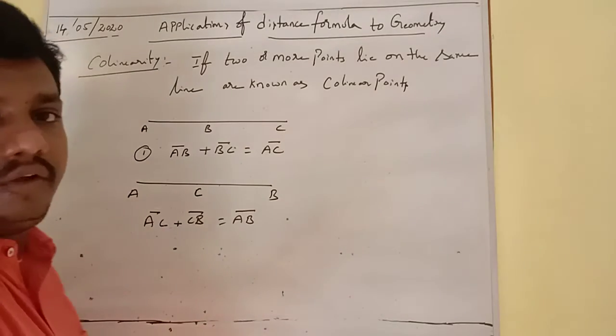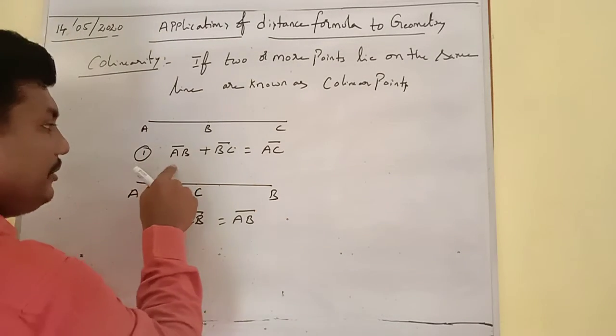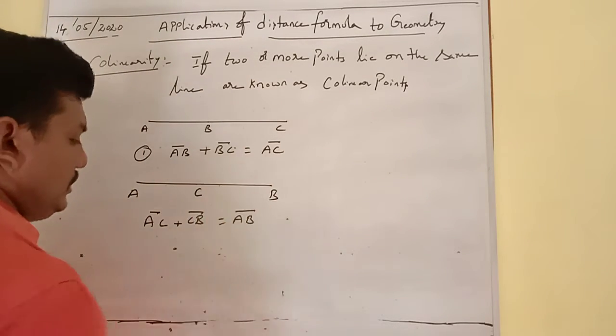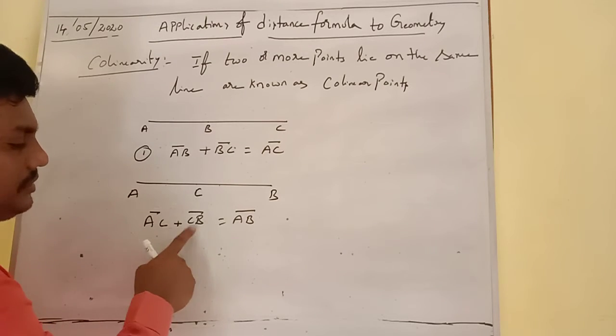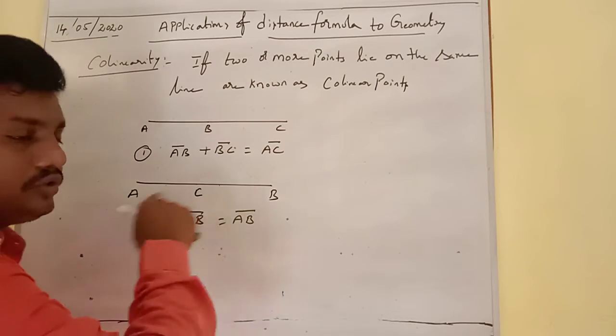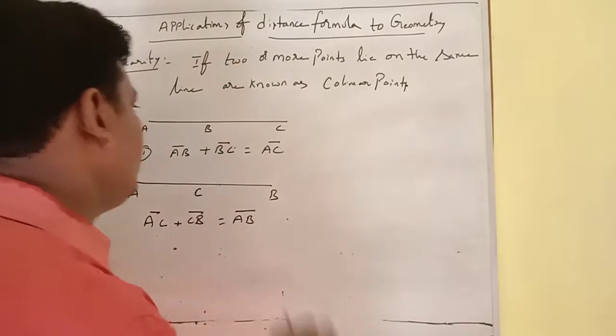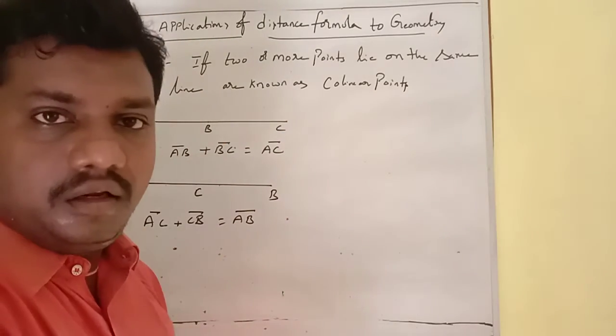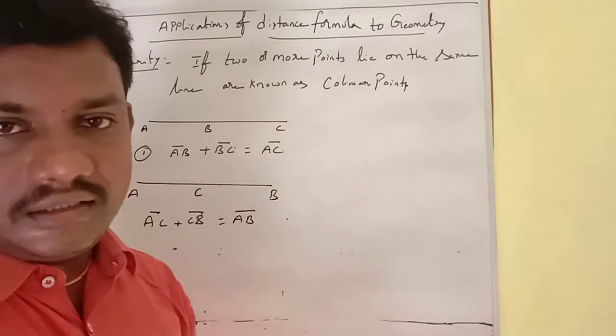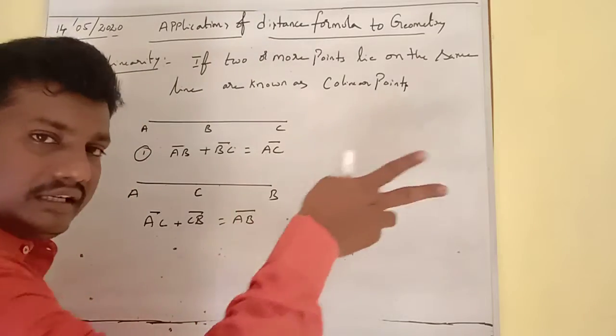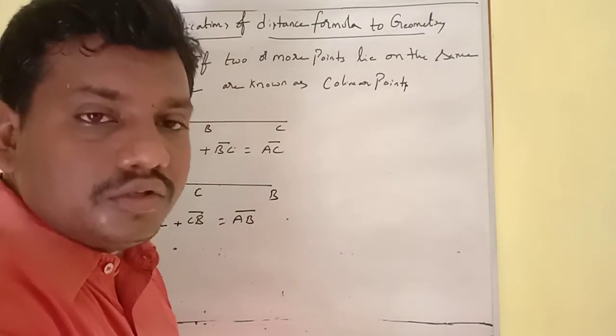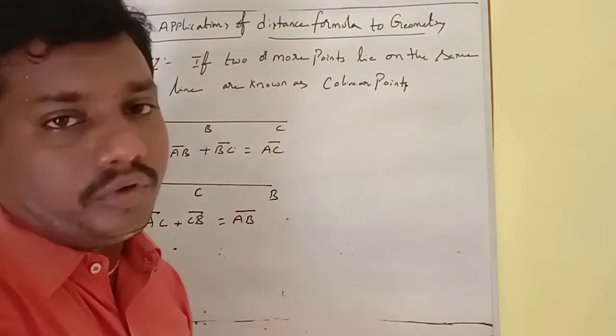Whatever it may be, we always have to find AB distance, BC distance and AC distance. So if 3 points are considered, we need to find three distances. If the sum of any two distances is equal to the third distance, then we call them collinear points.